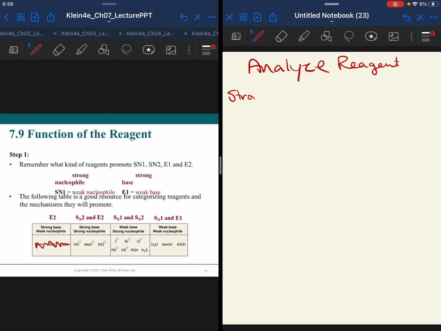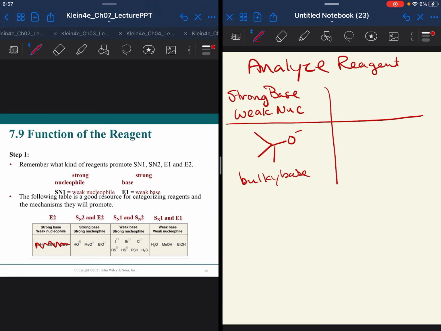The first category, the strong base but weak nucleophile. Yes, what is listed on the slide, those are strong bases and weak nucleophiles. But the only one I'm going to ask you about is potassium tert-butoxide. This is your bulky base. It is a great base, very strong, but because it's so sterically hindered, it's not a good nucleophile.